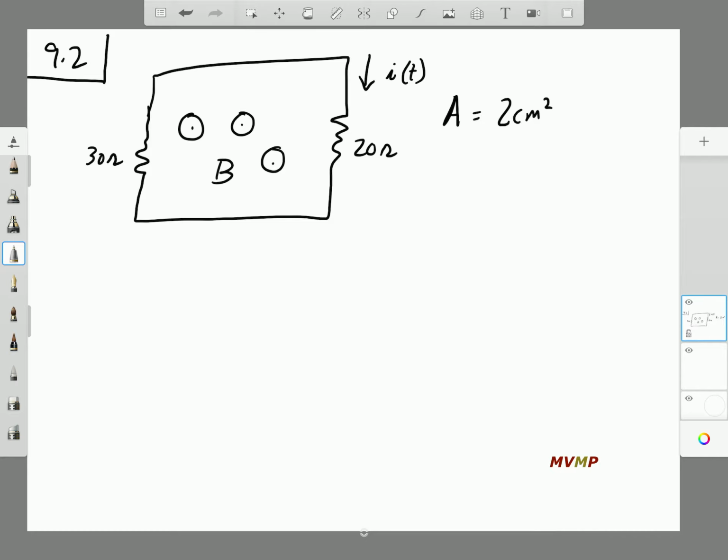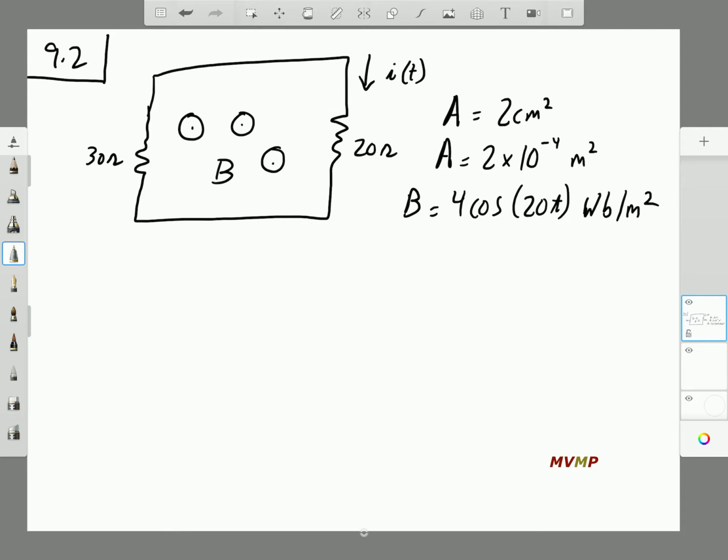So we should turn this area into a unit that we can work with. Converting it into meters, you get 2 times 10 to the negative 4, and our B field is given as 4 cosine 20t webers per meter squared.